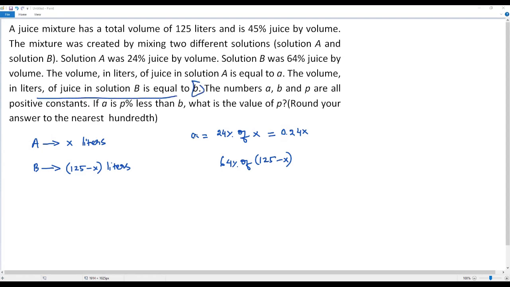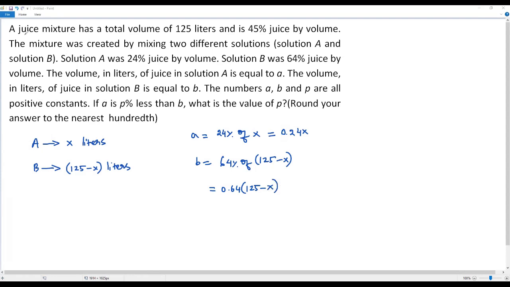Then we have b equals 64% of 125 minus X. We write 64% as a decimal, 0.64, and for "of" we consider multiplication, so we have 0.64 times 125 minus X.